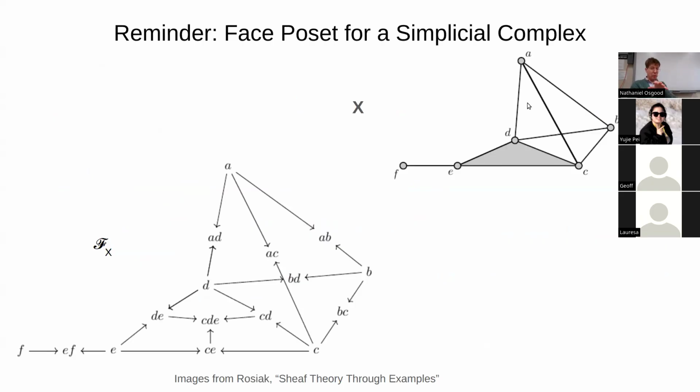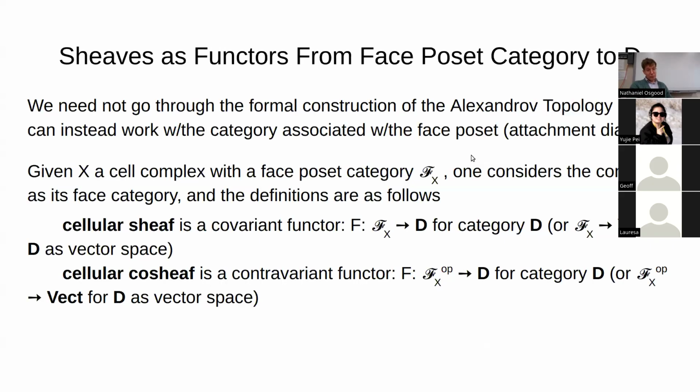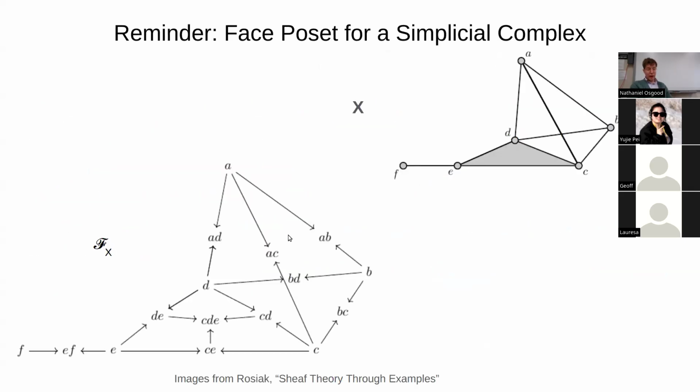Remember here, don't get distracted just by the vertices. We also have AD and we have CDE and stuff like that, right? This is our face poset category down here. It happens to be drawn geometrically like this, but it's a poset. These are sort of order relations.